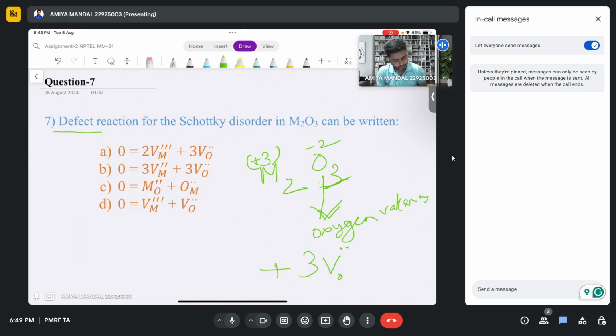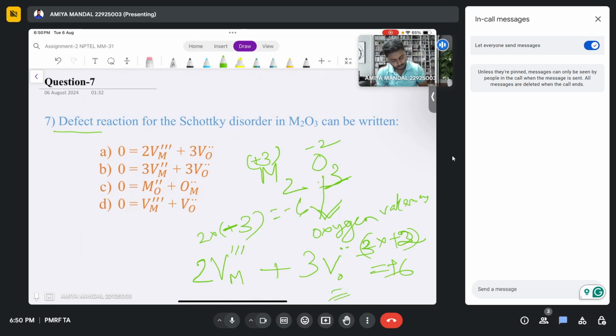and it will be balanced by 2 metal M vacancies inside with 3 units negative charge, so that this charge is balanced. 2 into 3 is minus 6 and 3 into 2 is plus 6.